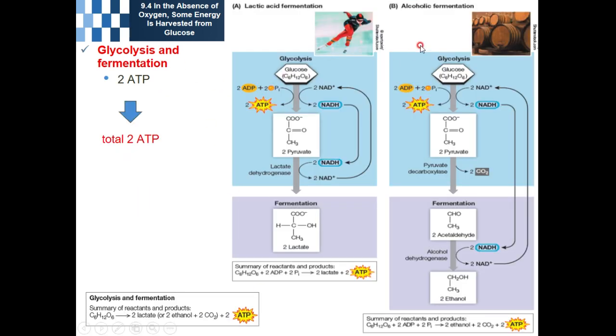However, in glycolysis and fermentation, only 2 ATP total is synthesized. During glycolysis, 2 NADH is synthesized, but it is always used like this. That's why only a total of 2 ATP is synthesized.